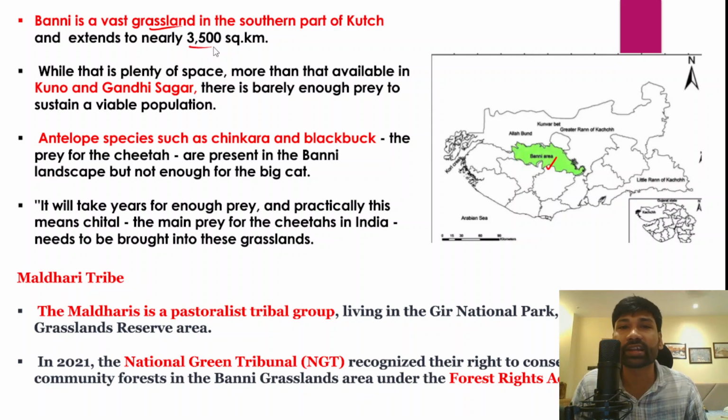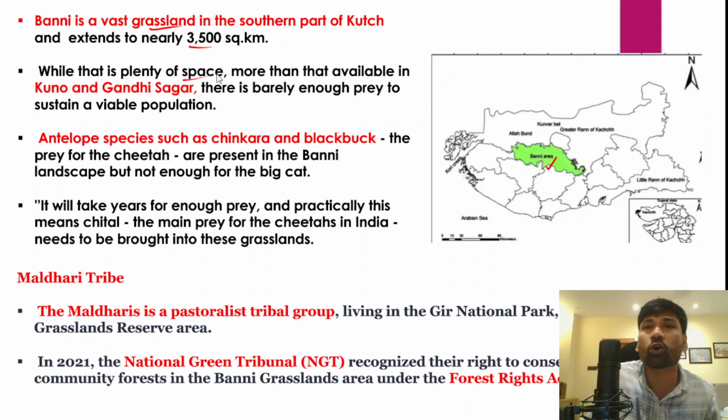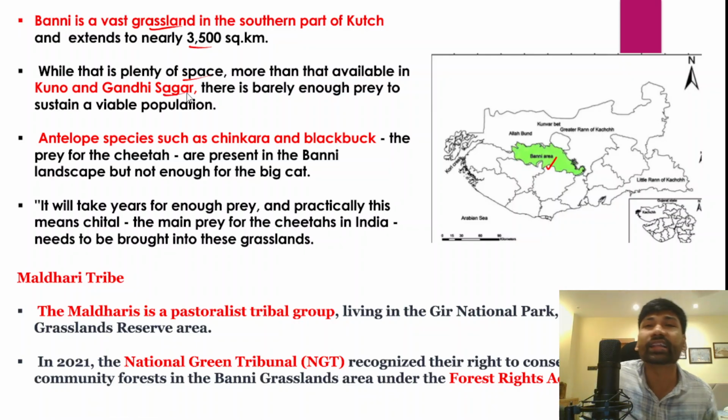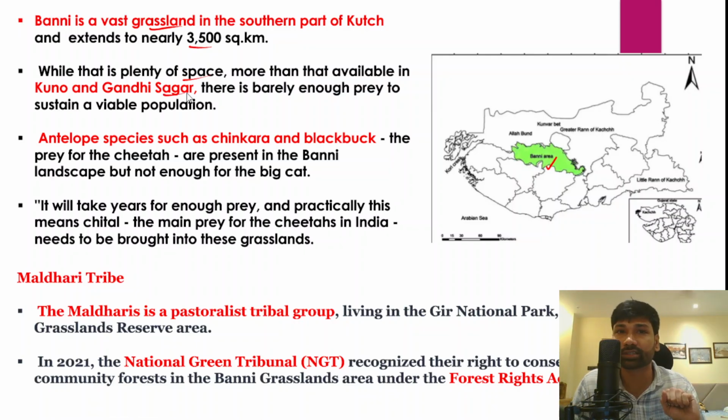Environmental experts believe this is going to be the best habitat for the cheetah reintroduction program. Banni grasslands offer plenty of space, more than what is available in Kuno Palpur National Park or even Gandhi Sagar National Park in Madhya Pradesh.